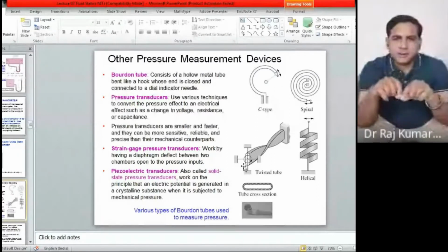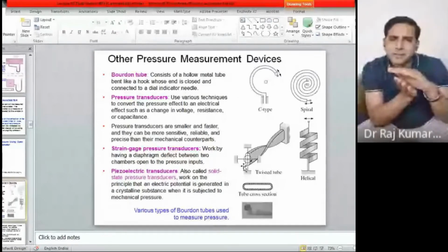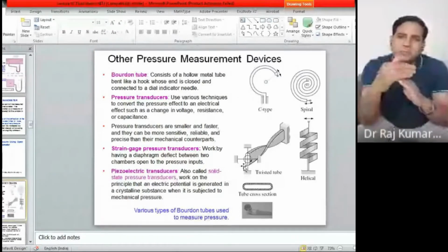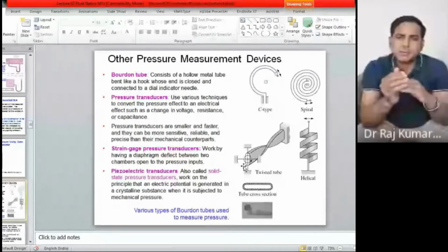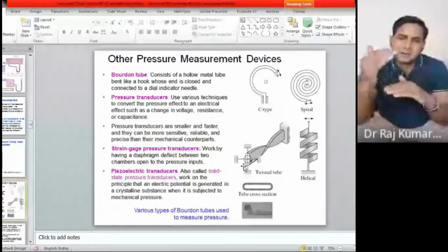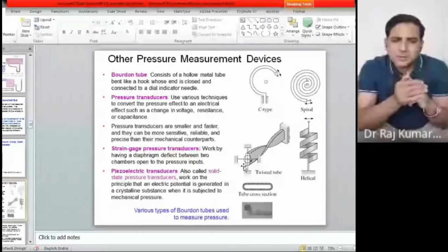One material will expand more, the other will expand less. So wherever it expands less, it will curve to that side because it wants to minimize the expansion, and whichever expands more will give the larger curve. Yes or no?